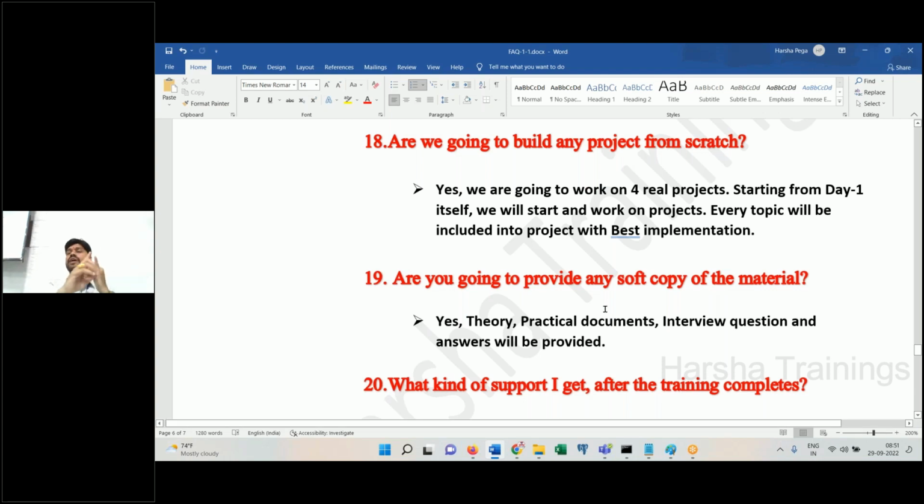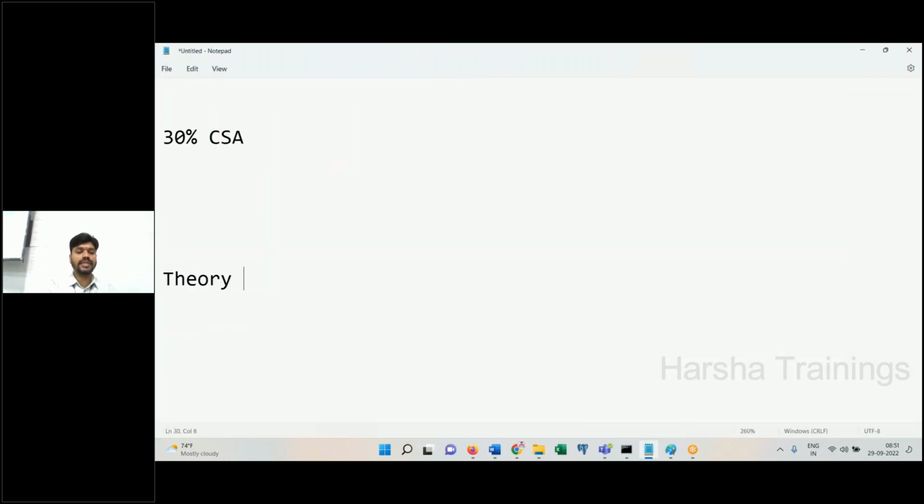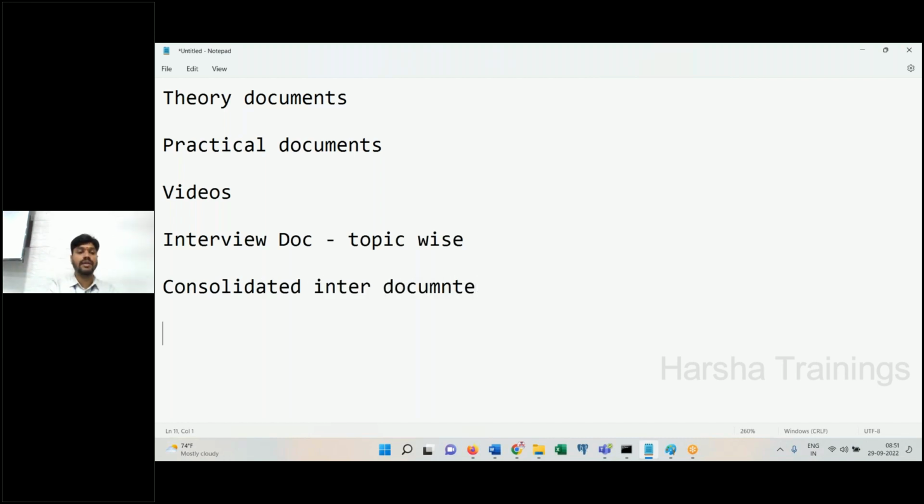Next, are we going to get any soft copy of the material? Yes, you will be getting theory documents, practical documents, videos, topic wise interview documents, a consolidated interview questions document, one document, and real interview audio recordings, almost 14 interviews.